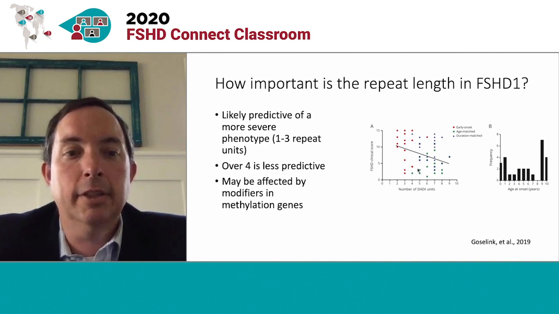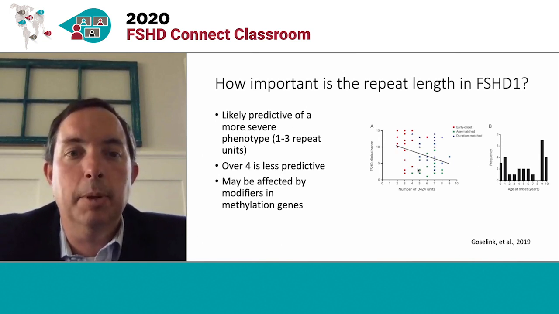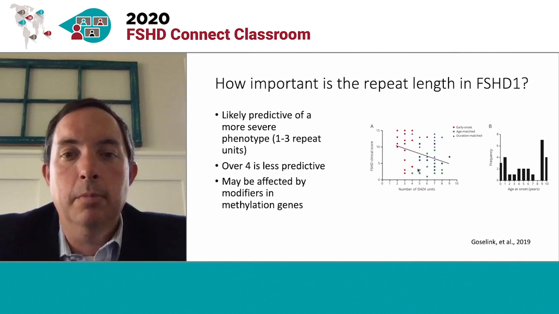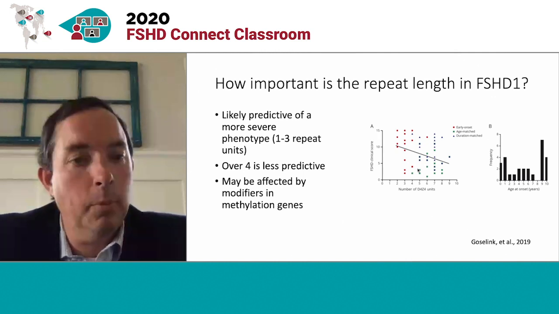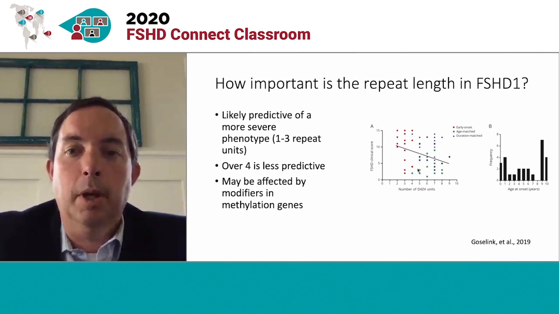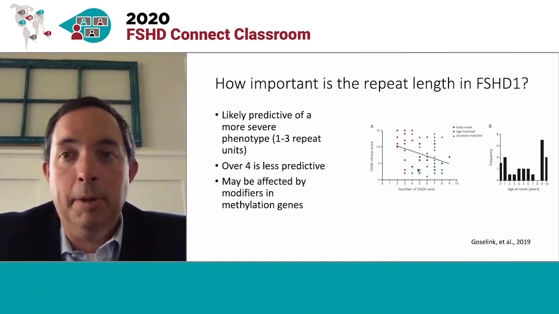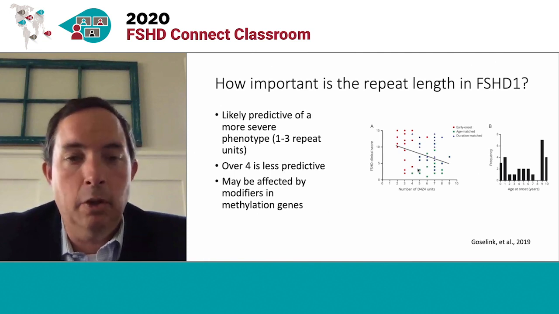And in that case, anything that can make the methylation worse or hypomethylate will certainly cause the disease to be more severe. So this is part of the story. There's a lot more that I know scientists are working on in terms of understanding disease modifiers for the condition, particularly as it relates to hypomethylation, but that's part of the reason why the repeat length by itself is not overly predictive.